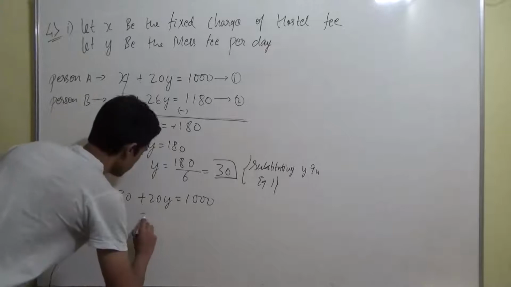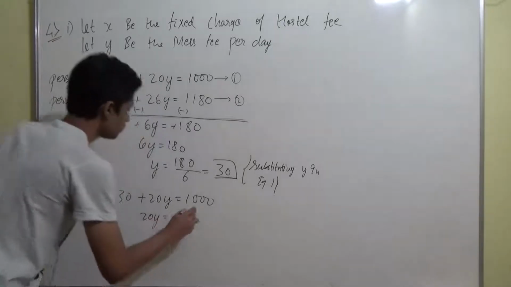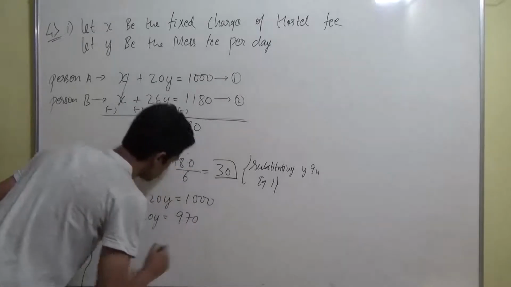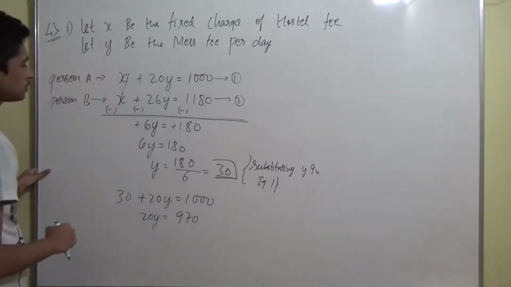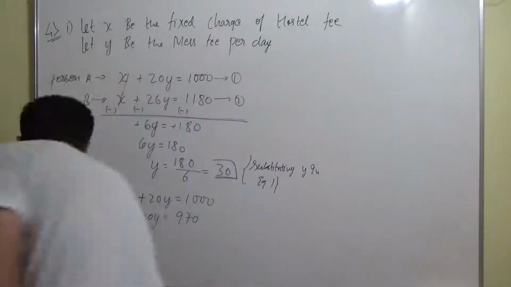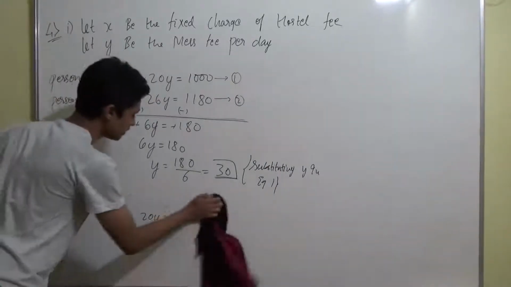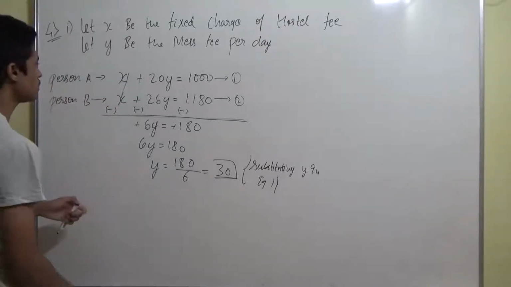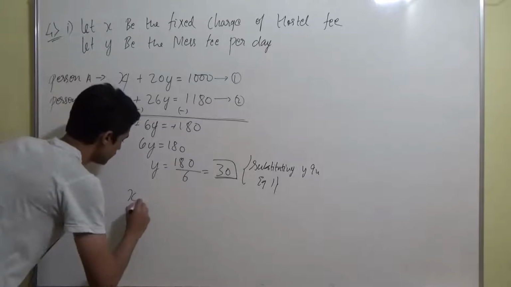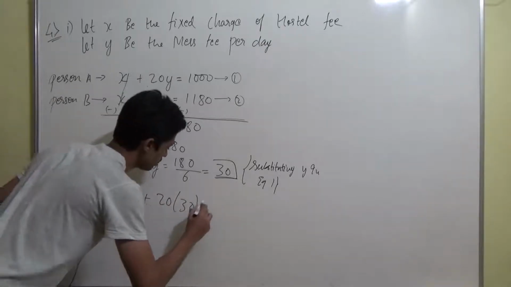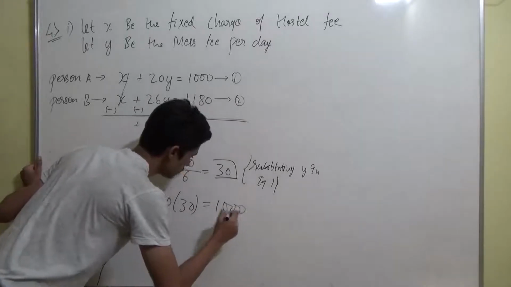It becomes 20y equal to 1000 minus 30, it becomes 970. So y becomes equal to, sorry guys, I made a small mistake. In place of x I substituted the value of y, but we have to find x, right? x plus 20 into y, so y was 30, equal to 1000.